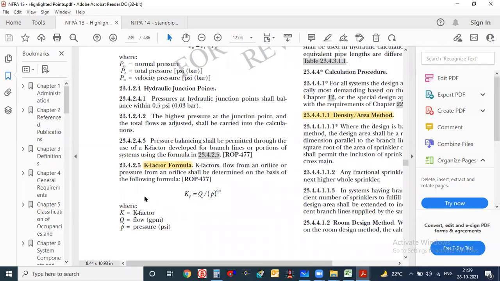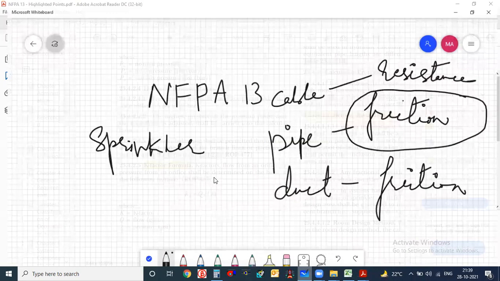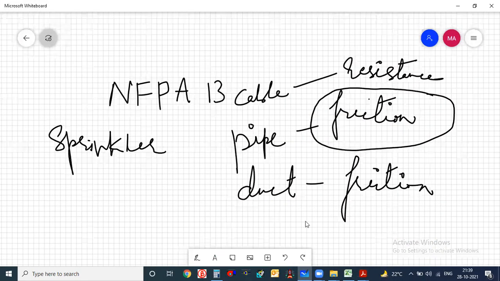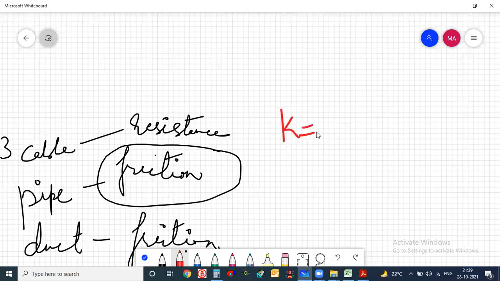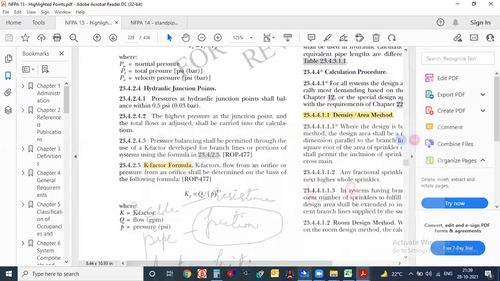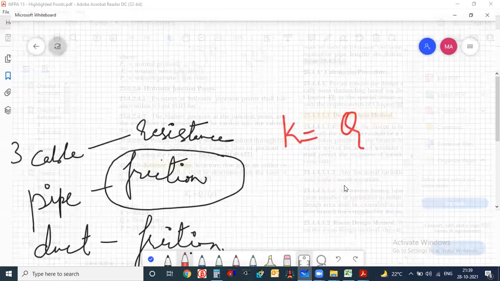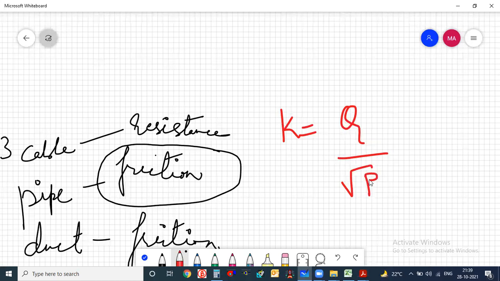Now what is the meaning of the K factor formula? The K factor formula is a very quick formula which we can use for anything. The formula is K equals Q divided by the square root of P. Suppose I am keeping my K constant, which is 5.65, and my pressure also constant, like 7 psi.